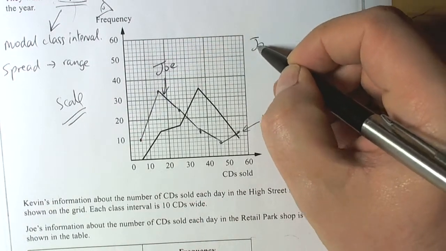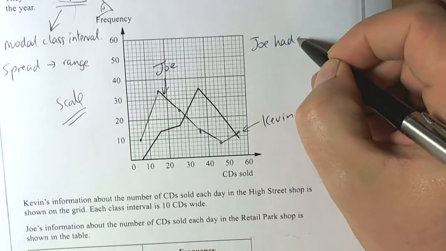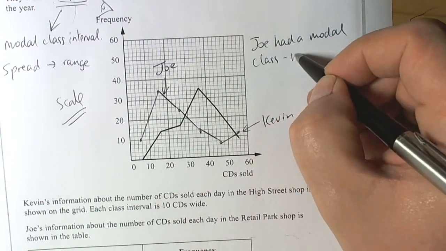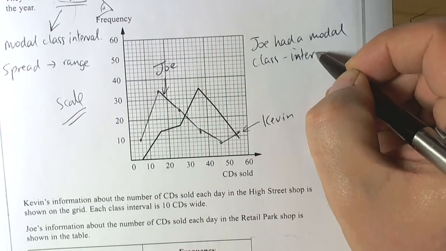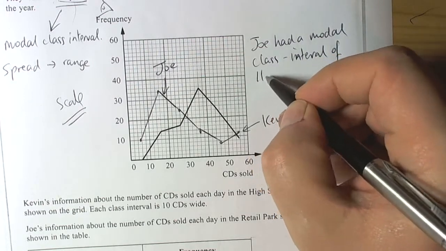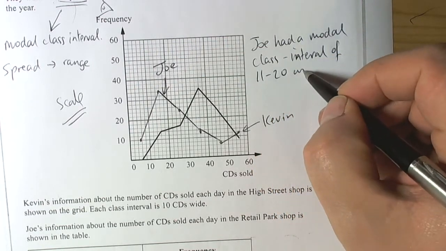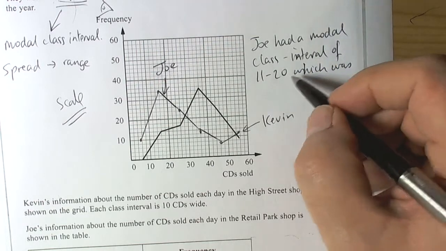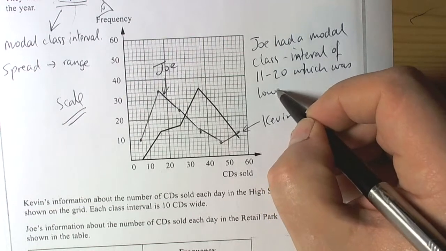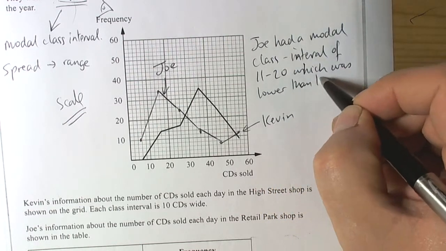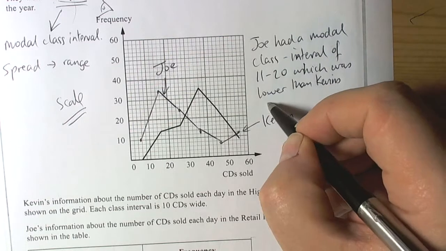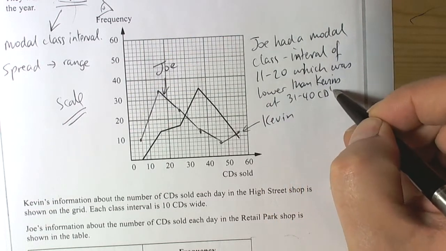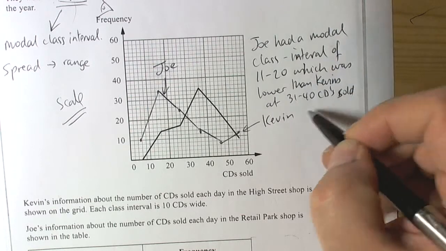So Joe had a modal class interval of 11 to 20, which was lower than Kevin's at 31 to 40 CDs sold per day.